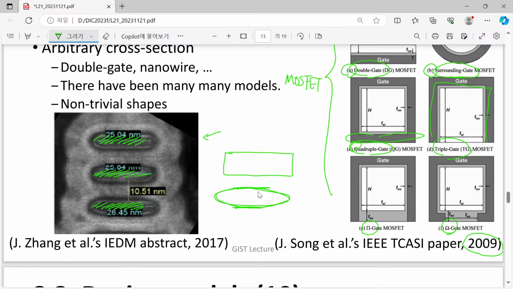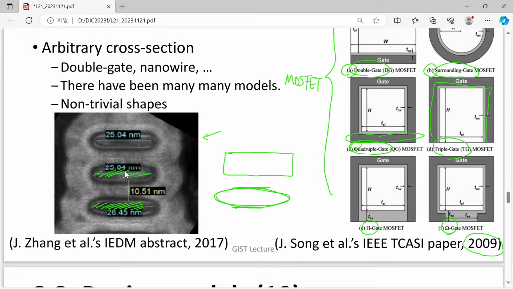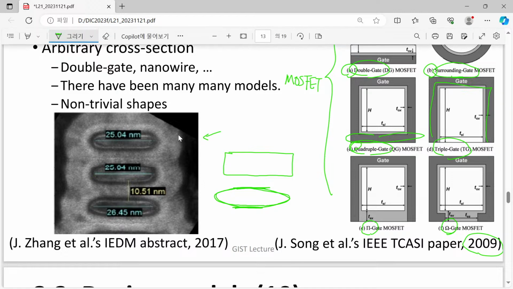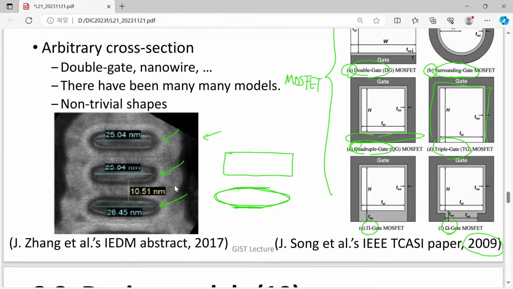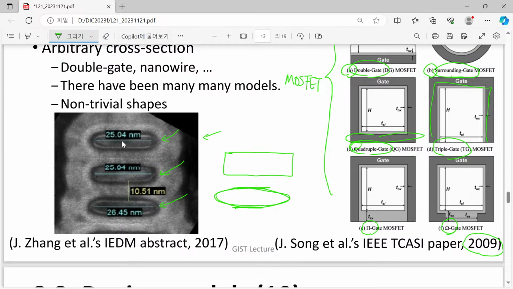And there is slight difference in this silicon, even in the same device. This is just taken from one shot. This is a TEM image, and here at the same time we fabricated three different channels of silicon. This is inside the same device, but can you recognize that they have different shapes?